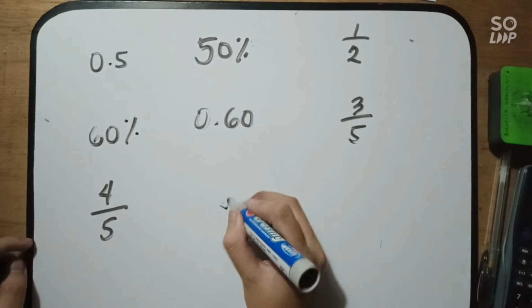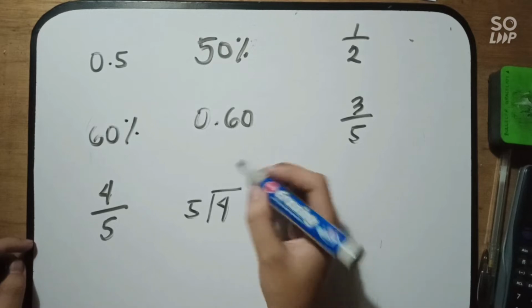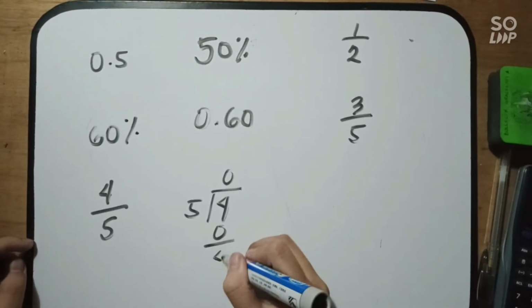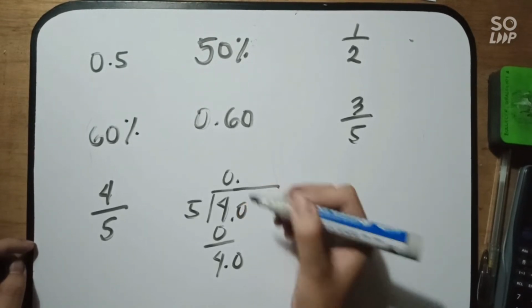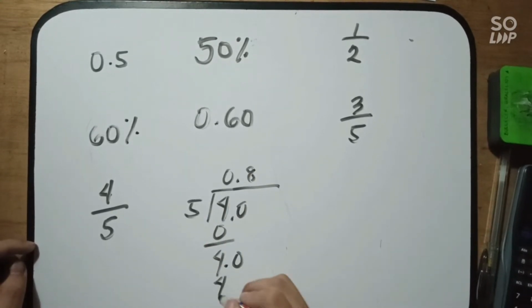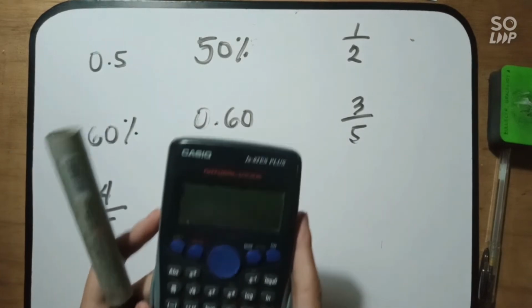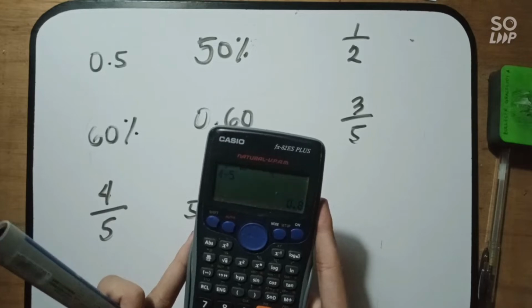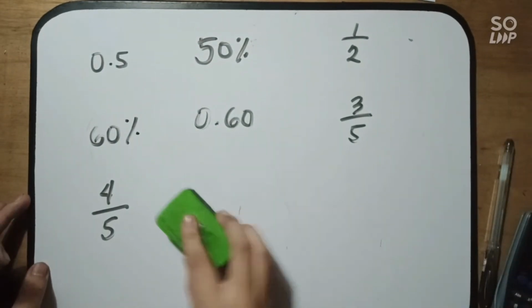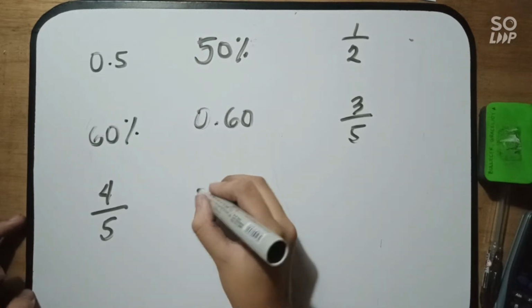So, 4 divided by 5 is 0, bring down 4, and then extend. 40 divided by 5 is 8. Or we can simply use a calculator. 4 divided by 5 is equal to 0.8. Therefore, the decimal value of 4 over 5 is 0.8.